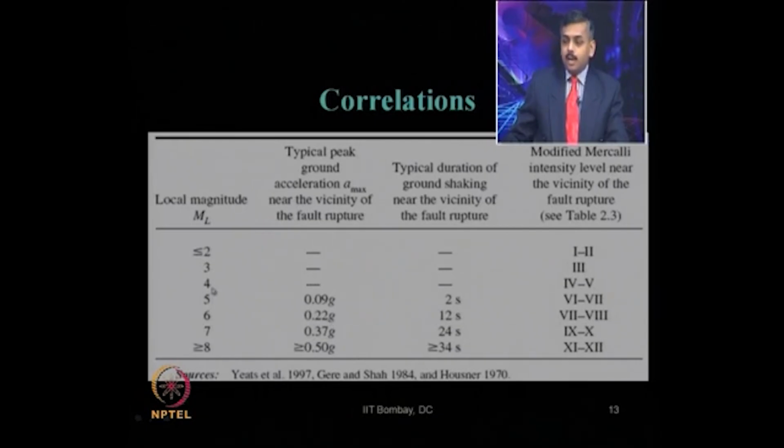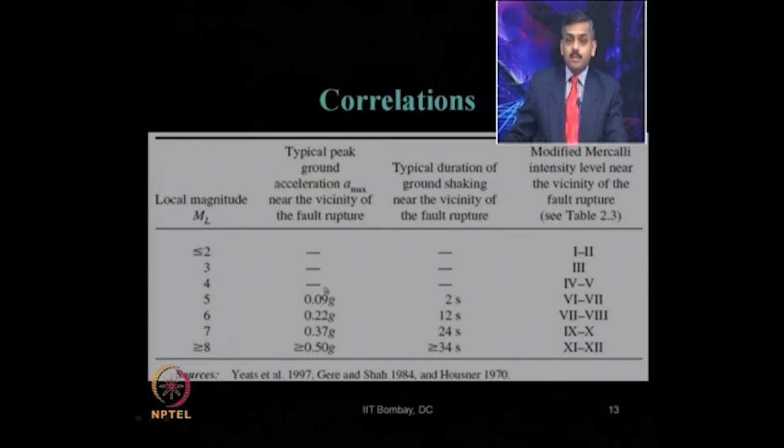So, you can see that for less than 2, nothing is important, and for 3 and 4 also, even Amax and duration do not matter to us for engineering design. From 5 onwards it is noticeable as well as important. Remember, these are typical values, not exact values.